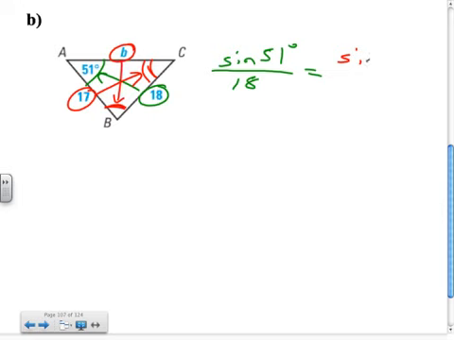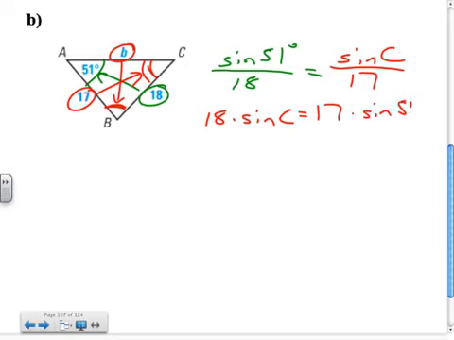The sine of C over 17 has to be equal to the sine of 51 over 18. Cross multiply and solve. You're going to see a little bit of an extension here. So I have 18 times sine C equals 17 times sine 51. And again, I'm going to go ahead and divide both sides by the 18 here so I can cancel that out.